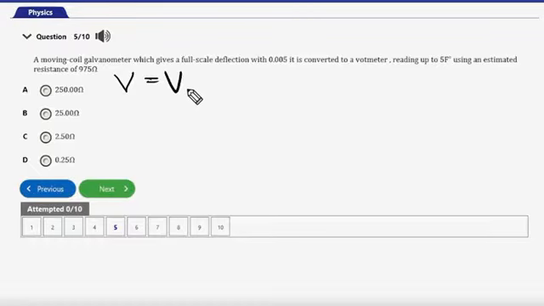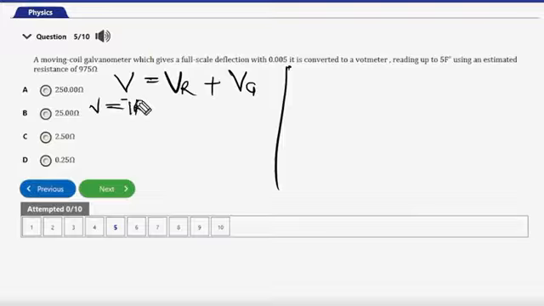So that's the voltage for R and the voltage for the galvanometer. Whereas the current will be the same across here. So let's also recall that V is equal to IR. So if V is equal to IR, we can replace each of these with the individual currents and voltage for each of them.